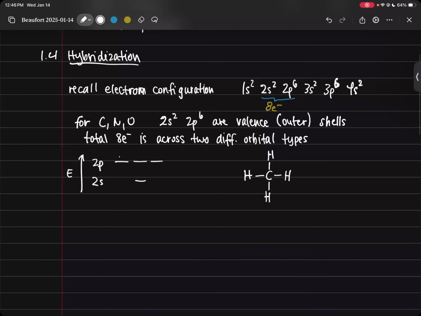So if we've got electrons in our orbitals like that, 3 in the 2p orbital and 1 in the 2s orbital, that would imply that one of these bonds is using a 2s orbital on the carbon atom, and the other 3 are using 2p orbitals. That would make the bonds different, and we know that isn't the case.